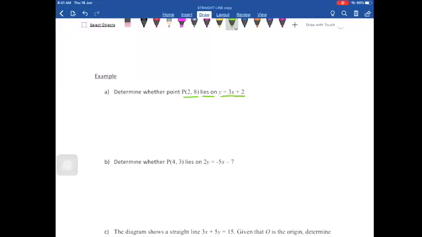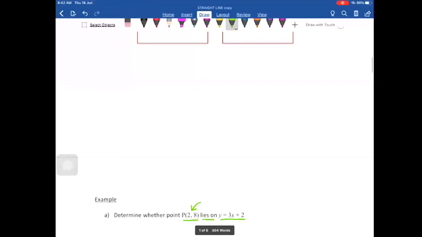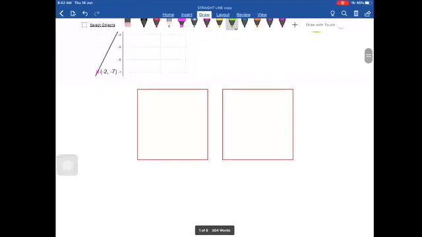Okay, nak menentukan sama ada dia betul berada di atas, kamu boleh guna cara saya tadi. Sama ada menggantikan X ataupun Y dan kita dapat nilai dia yang lagi satu sama dengan koordinat P ni. Okay, salah satu cara lain yang diberi dalam buku teks adalah dia menggunakan konsep left hand side, right hand side.